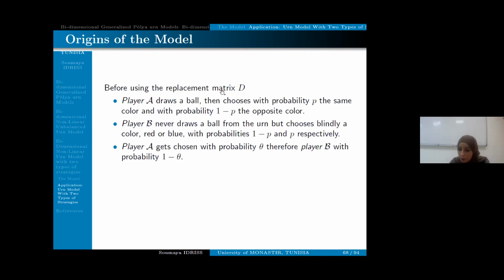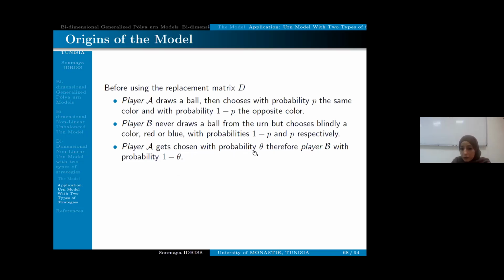Before using the replacement matrix, player A draws a ball, then chooses with probability P the same color, and with probability 1 minus P the opposite color. Player B never draws a ball from the urn, but chooses blindly a color, red or blue, with probability 1 minus P and P respectively.